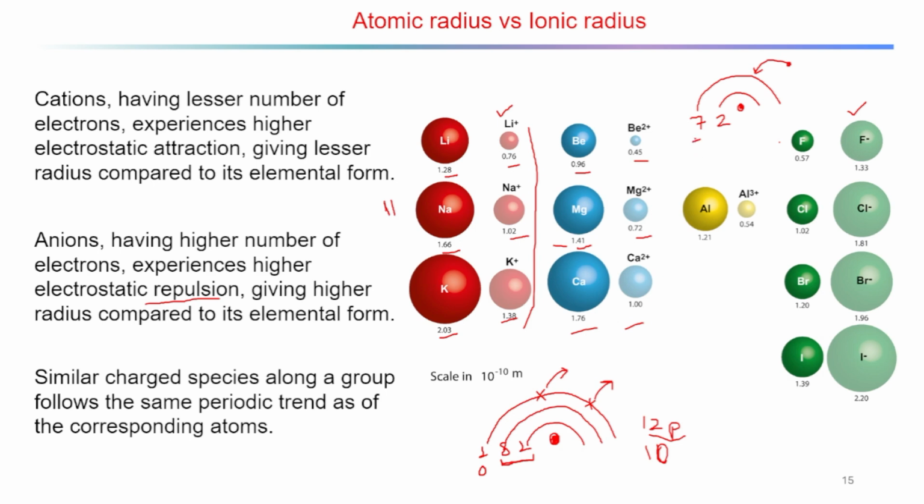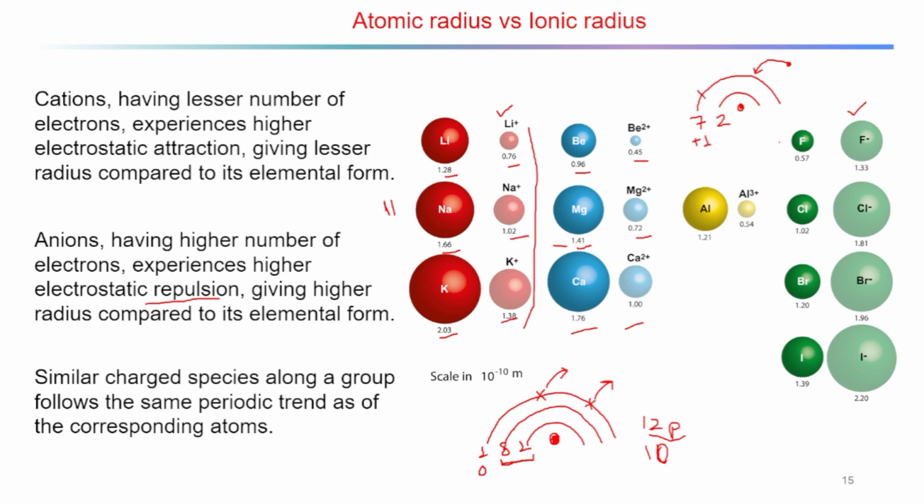So 1 electron is increasing. Now we have 2 electrons in the first orbit and 8 electrons in the next orbit. So in case of fluoride, we have a total of 9 protons but 10 electrons. So we are putting one extra electron.